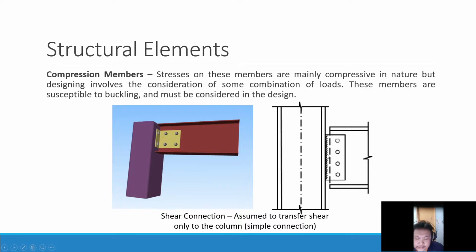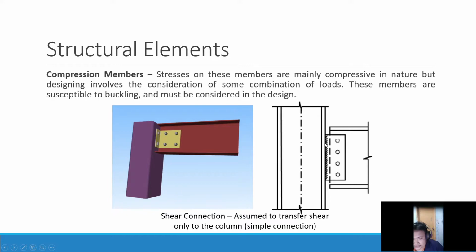Because of this attachment only, without the attachment in the flanges, this column only carries shear or axial load. Although this is not purely compressive in nature either, the purpose of this connection is just to transfer shear only to the column. Therefore, there is no transfer of moment.